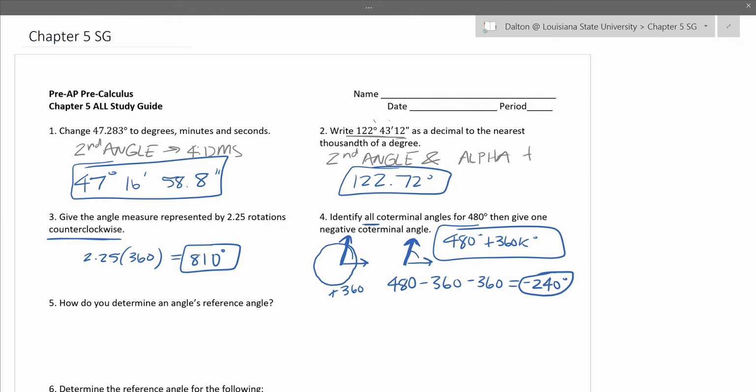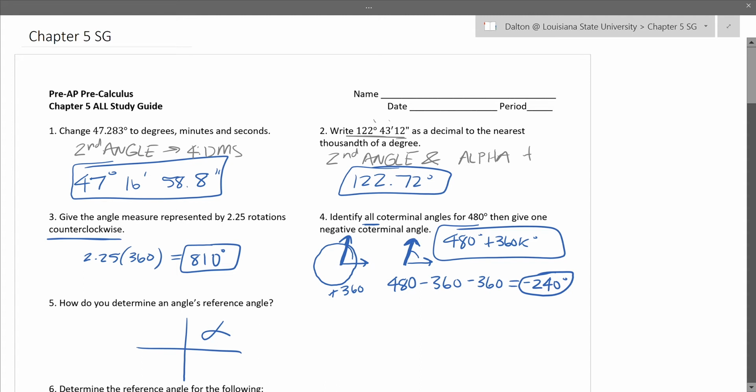Number 5, how do you determine an angle's reference angle? So you could tell me in words, but essentially what I'm looking for here is just a chart. If an angle is in the first quadrant, its reference angle is itself, alpha.